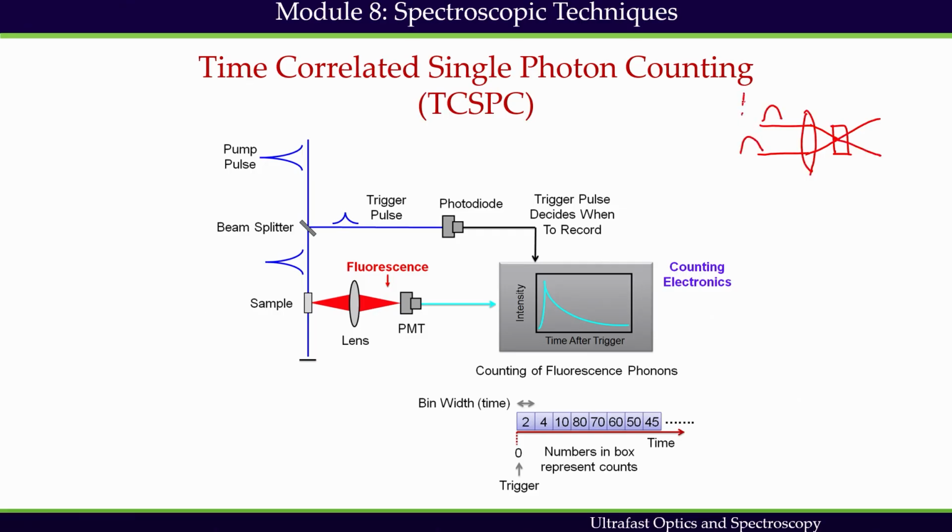This is the time delay between two pulses, we call it tau, and finally this is, let us say, pump, and this is probe, and finally we have to use a detector, and this detector is a slow detector. So, this is all optical scheme for the pump probe spectroscopy, but in time correlated single photon counting, it is not an all optical scheme.